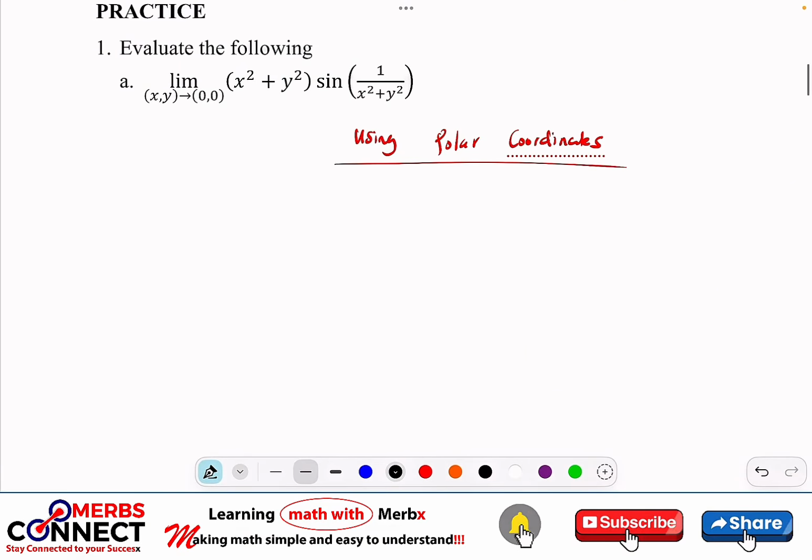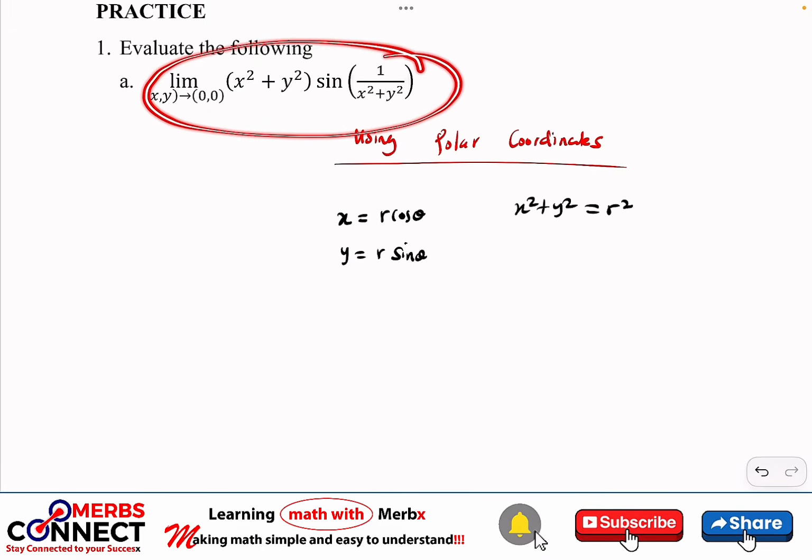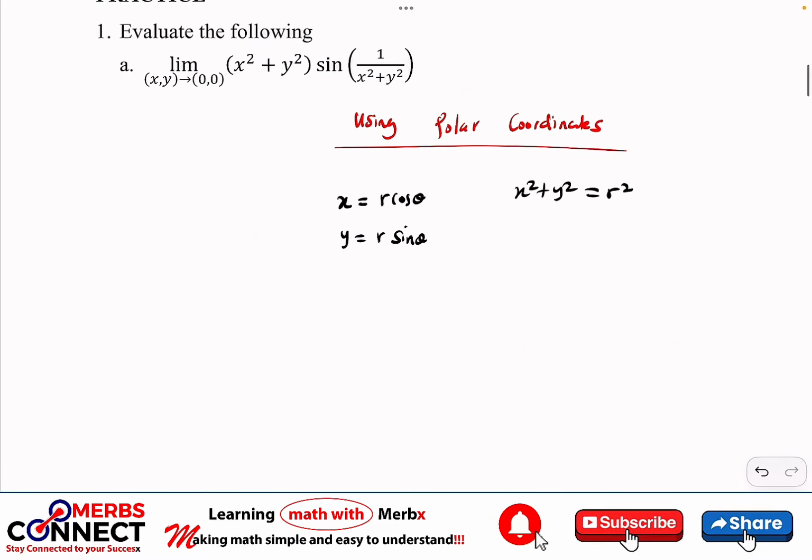So we know from the table that we just looked at that x is equal to r cos theta and y is equal to r sine theta, and x squared plus y squared should be equal to r squared. Right. So what can we do? We want to change everything here to r and theta. We can see that x squared plus y squared is equal to r squared.